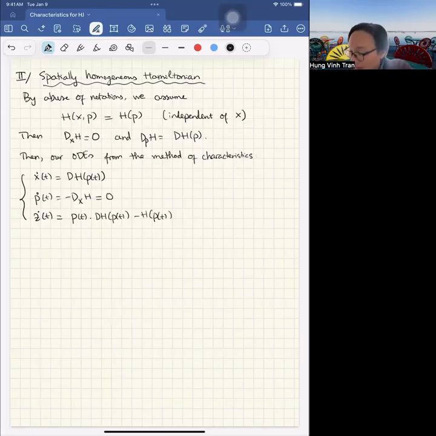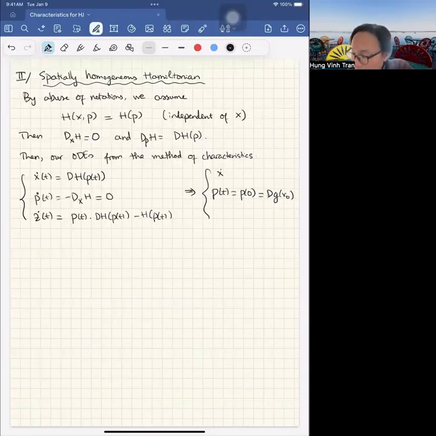Now as p dot of t is equal to 0, p is not changing. So p(t) equals p of 0, and remember that p of 0 is the gradient of g at x0.